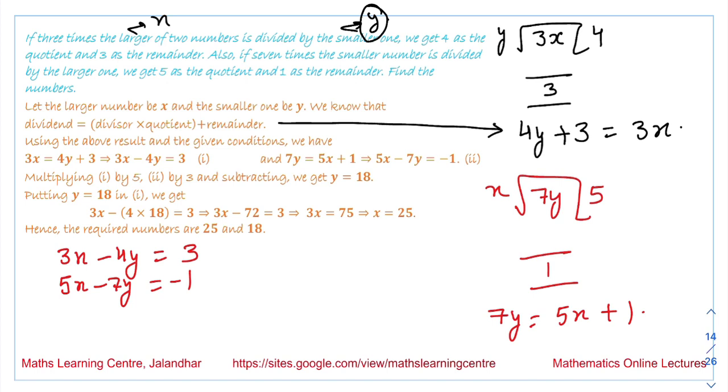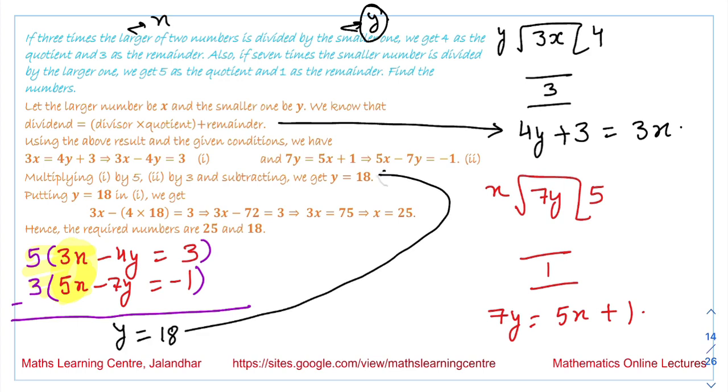If we multiply the first equation by 5 and the second equation by 3, and subtract these two equations, the coefficient of x will be cancelled out, and we will be left with y equal to 18.